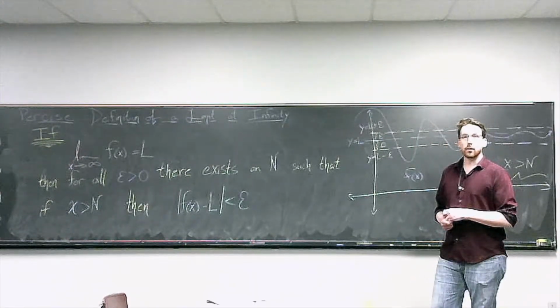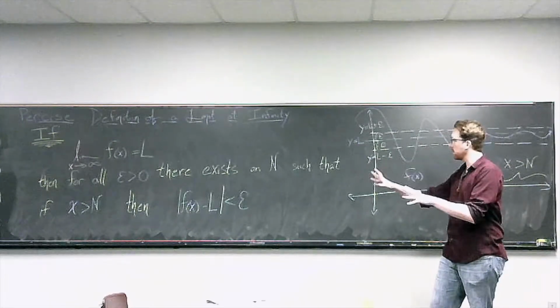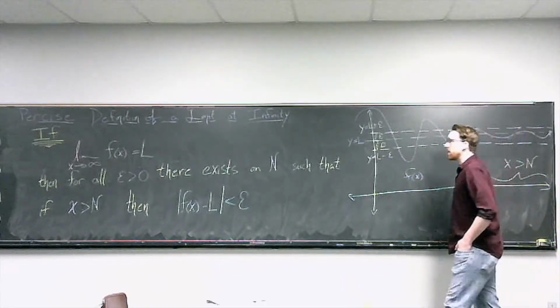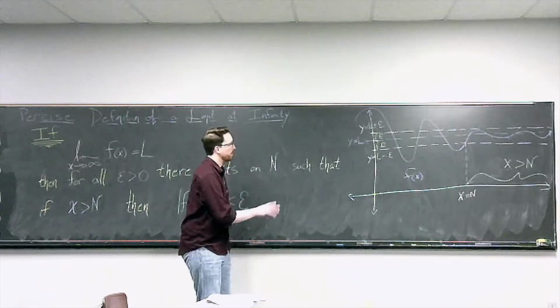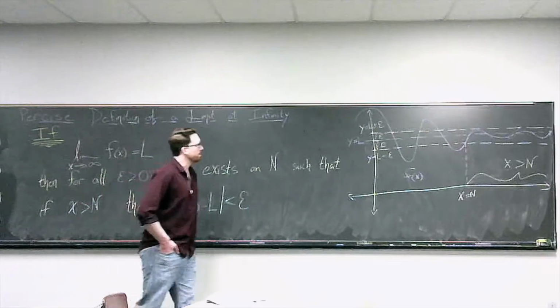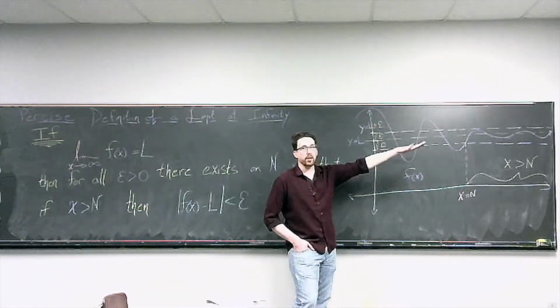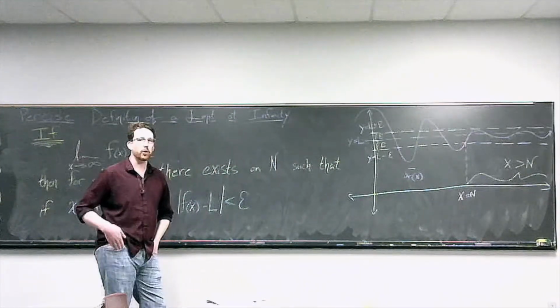What? What is this, right? That's the question. I think this is most easily understood by looking at it through a picture. What we're saying is, this function in purple here, the oscillating function, has a limit as x approaches infinity.